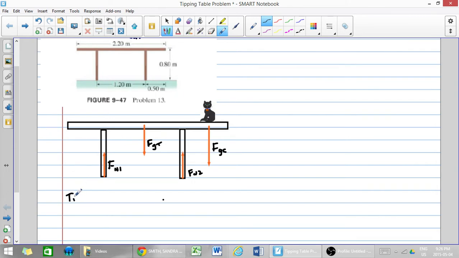So in any tipping problem that you see, your tipping condition is static equilibrium as your normal force becomes 0 where contact is lost.